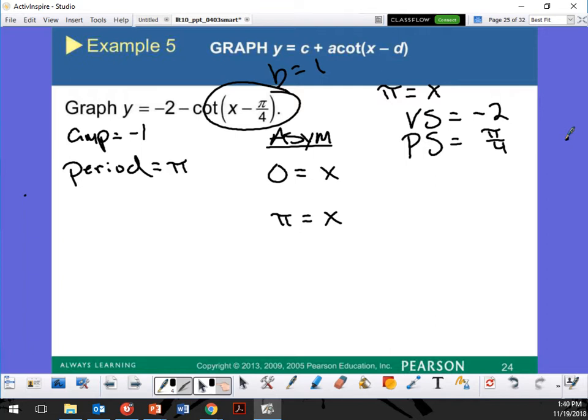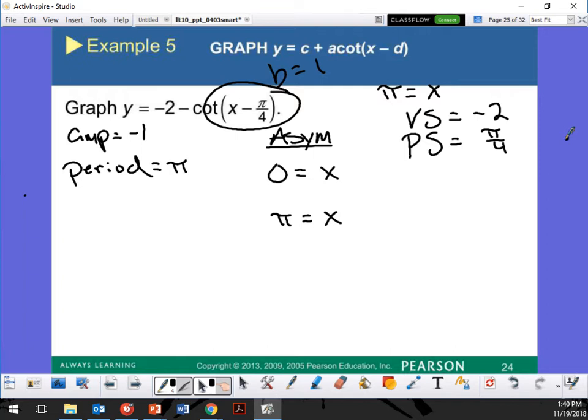Because phase shift moves it left and right, doesn't it? So we have to move everything left and right. This problem is going to add another step, because last time we had our vertical shift up and down. Now we're going to actually do a phase shift.